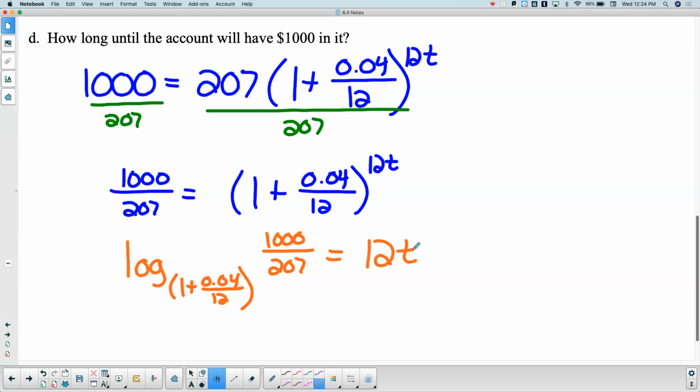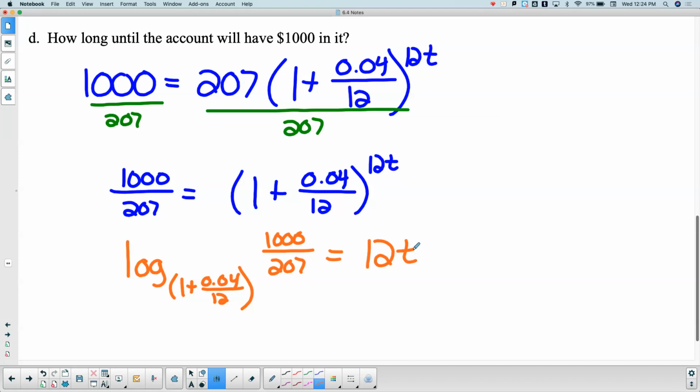How am I going to figure out the left side of this equation? Can't put it in the calculator. It's not log base 10 or log base e.